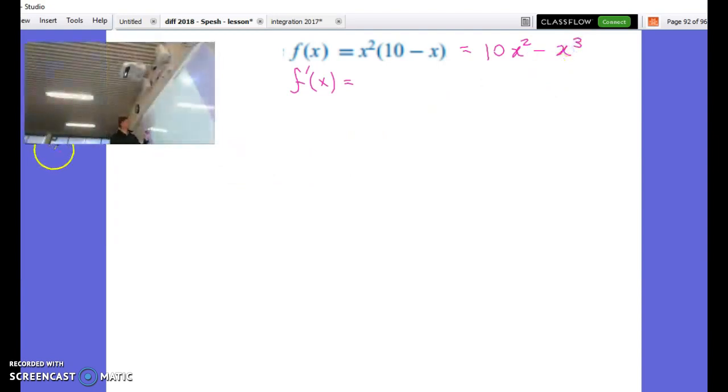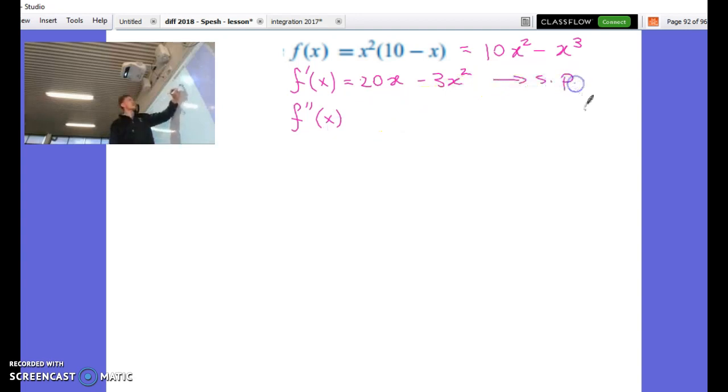So what should be the gradient function? Yep, so multiply the 2 out: 20x minus 3x squared. Okay, and then the second derivative, that one's going to give you your stationary points when that equates to 0. All right. Then the second derivative goes to 20 minus 6x. Okay, and then this gives you max or min gradient.